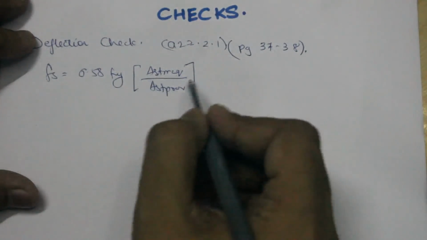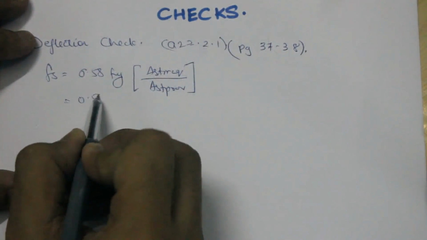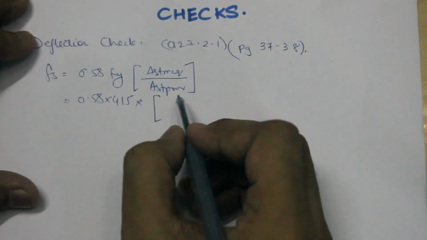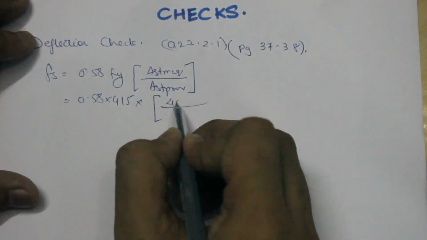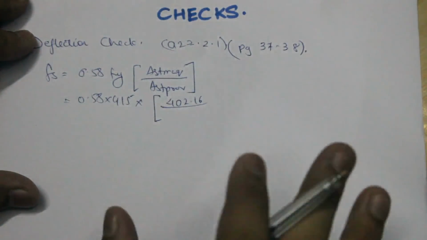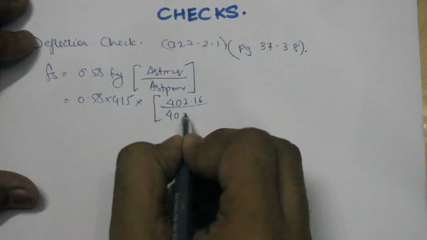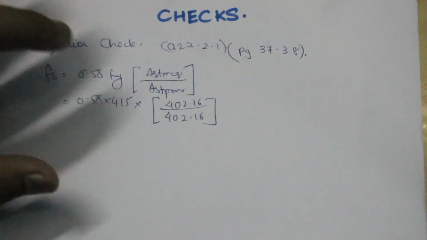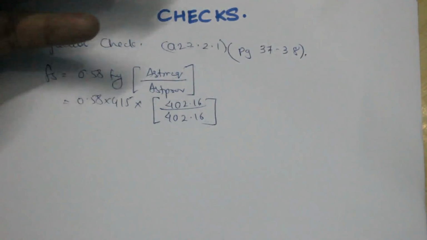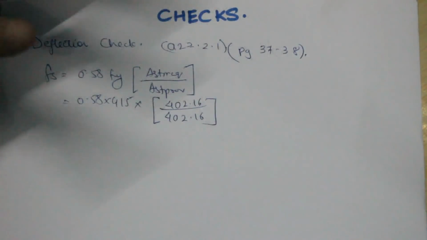So if we put all the values here, 0.58 into 415 is the grade of steel, and AST required was 402.16, and we did not change the spacing, so our AST provided was the same.